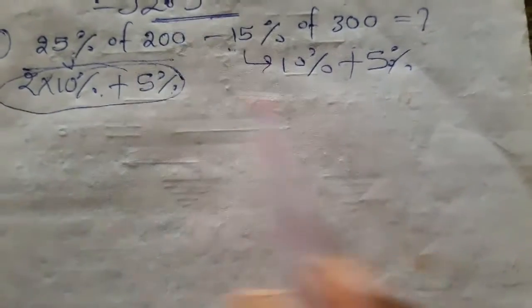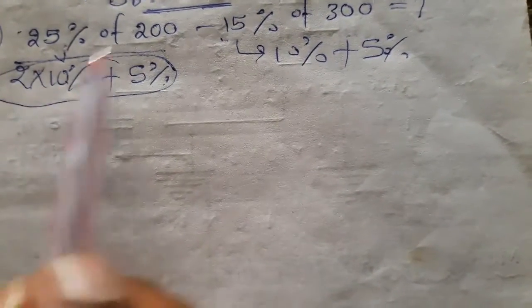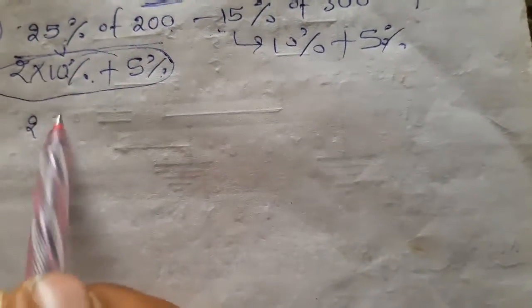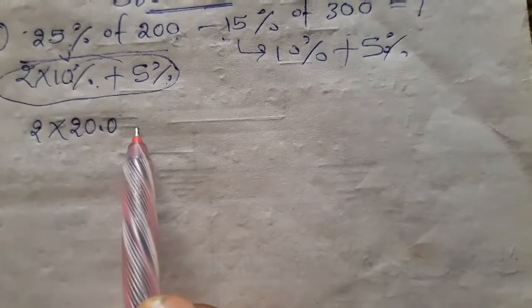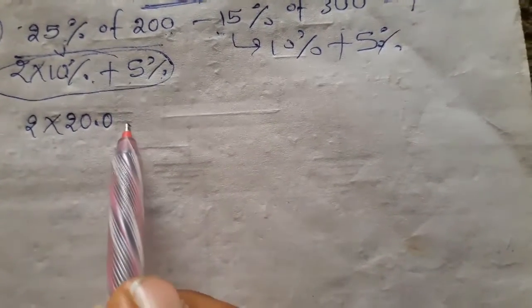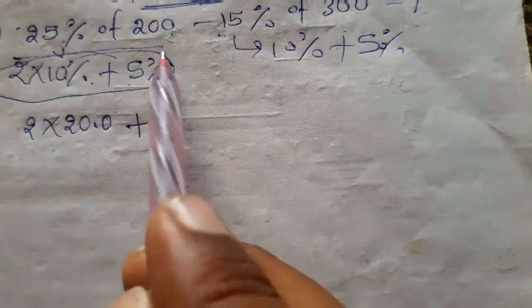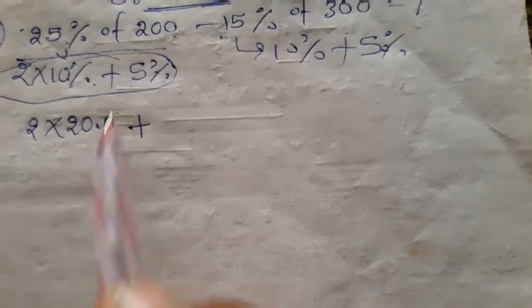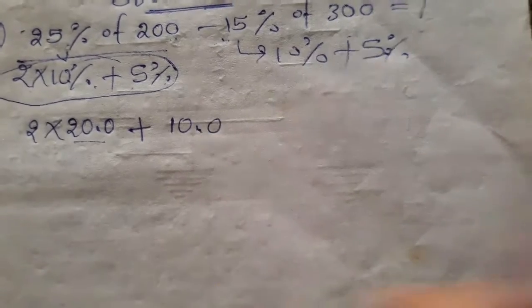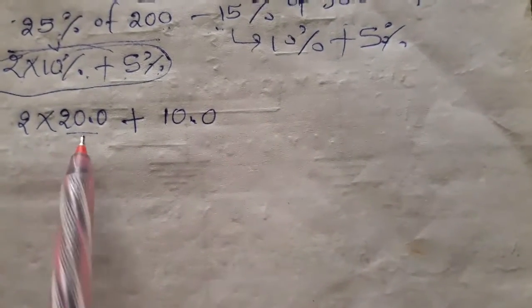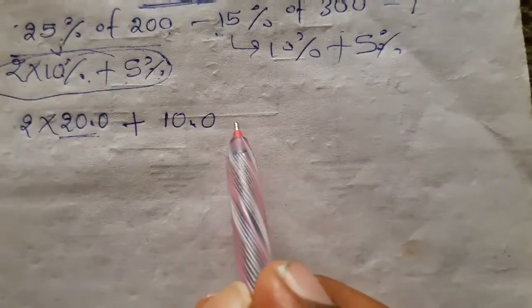Understood? So see here, 2 into 10%, that means 20.0. This 10% plus 5% means half of 10%, that means 10, so half of that means 5.